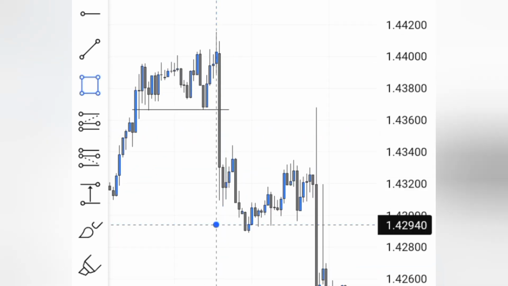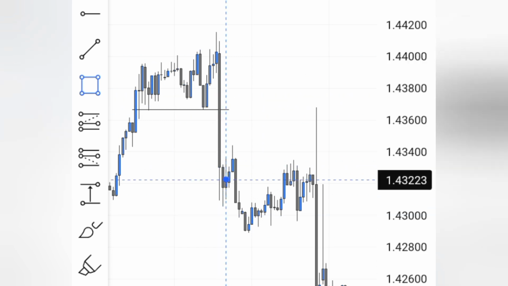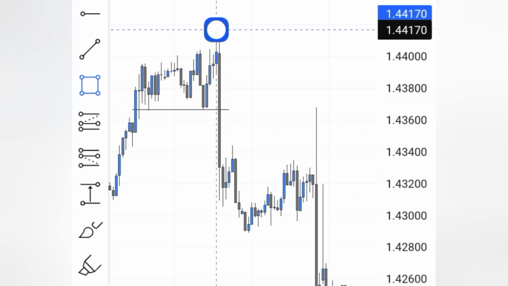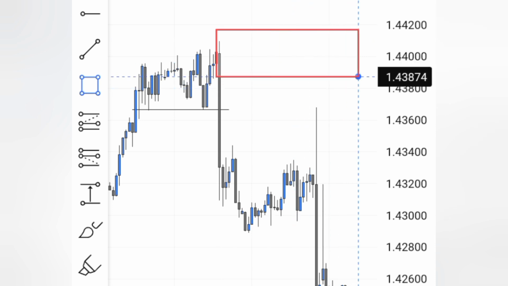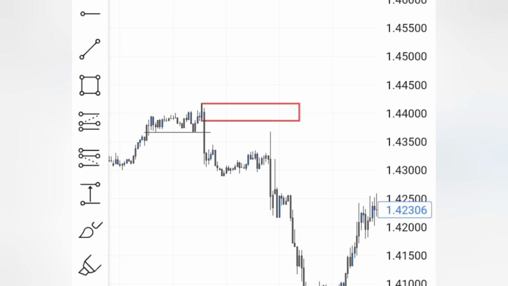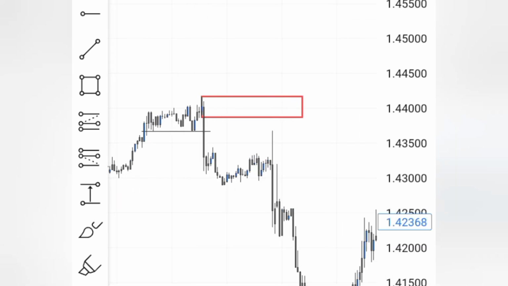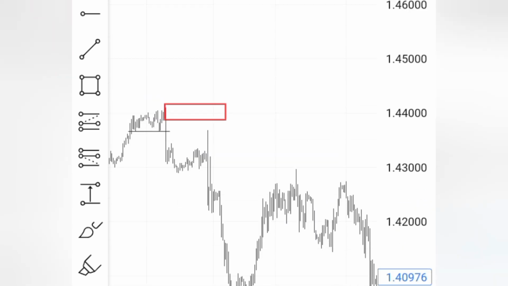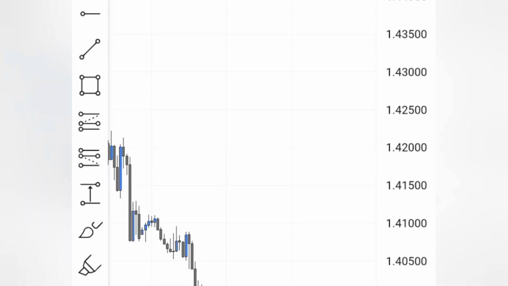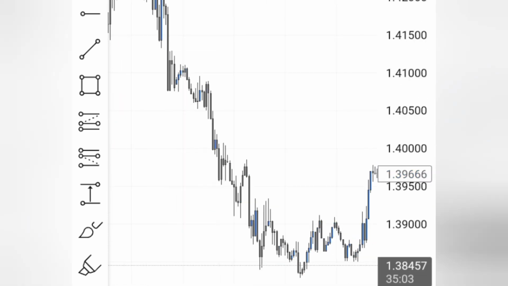You can see there's this big fair value gap, and with it there was an order block up here. That means this was high probability. Why? Because there was a fair value gap and an order block combined together. That's why we took it as a high probability zone.